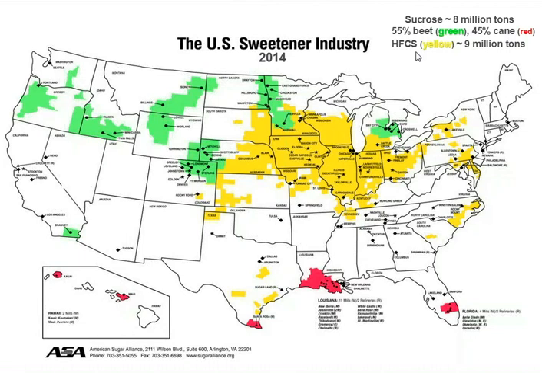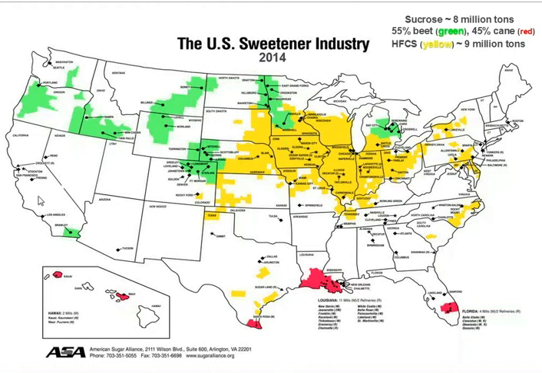And that's all in the yellow. 45% of the sucrose then is coming from cane, okay, and this is, of course, a tropical crop, some in Hawaii, Texas, Louisiana, largest part, and Florida. But the beets are in green then. Here we are in Michigan, okay, Minnesota, et cetera, et cetera.